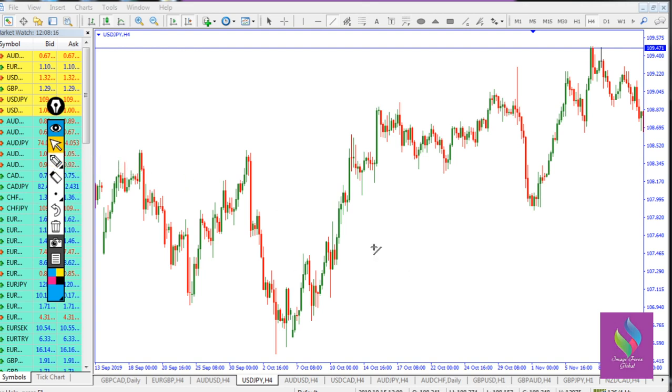Let me clean up this chart. We have price move up, come down, move up again, and come down. Should we consider this as a support area?